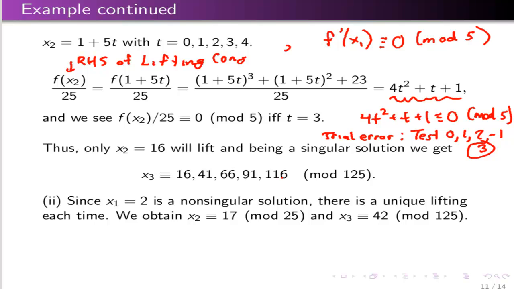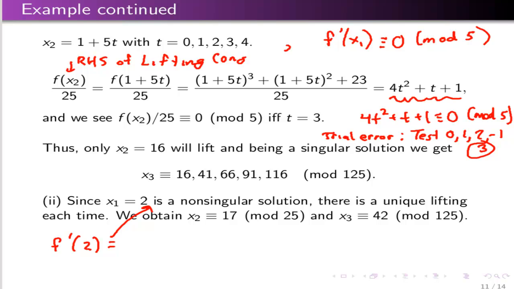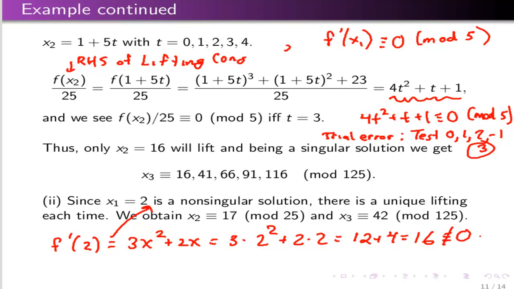For the other solution, x1 equaling 2, we calculate its derivative. So I look at f prime of 2, and I have to go back to the polynomial x cubed plus x squared plus 23, and f prime is 3x squared plus 2x. So 3 times 2 squared plus 2 times 2 is 12, plus 4 is 16, which is non-zero mod 5.